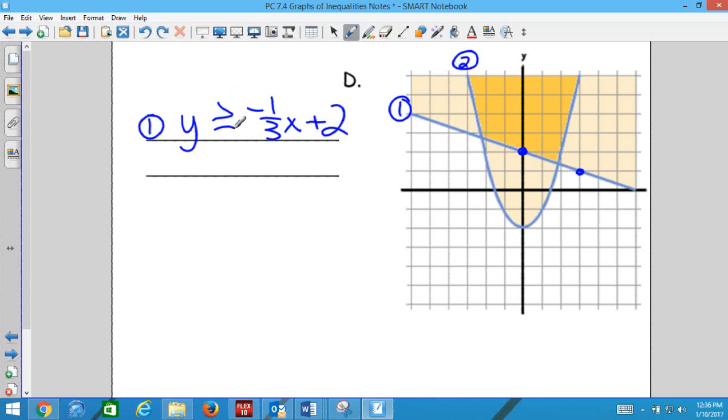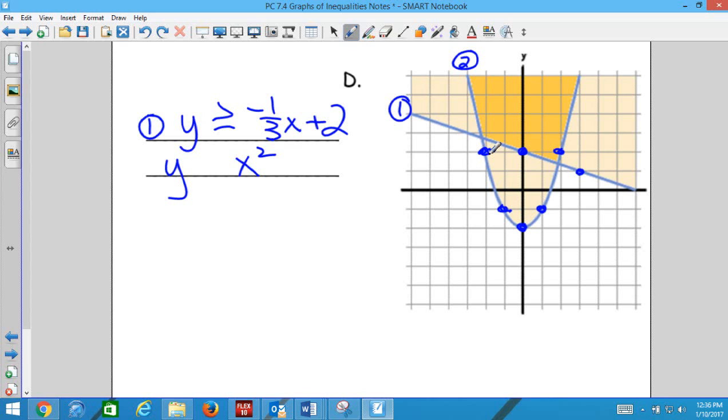How about the parabola? There is an x squared in it. Is this a parabola that has a stretch, or is it the parent function parabola with no stretch? That is a no stretch. That means there's nothing in front of x squared.